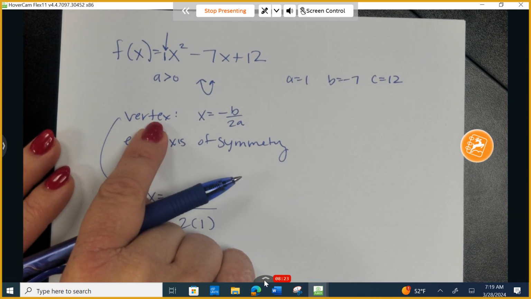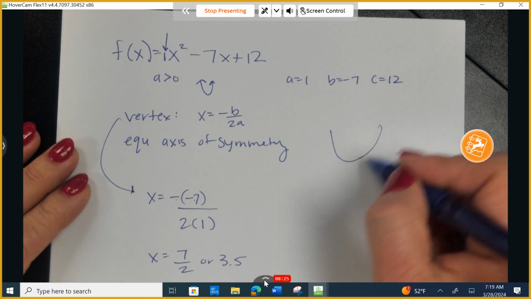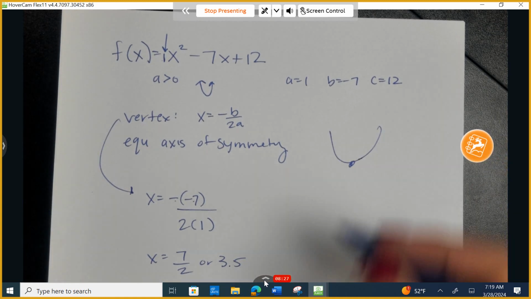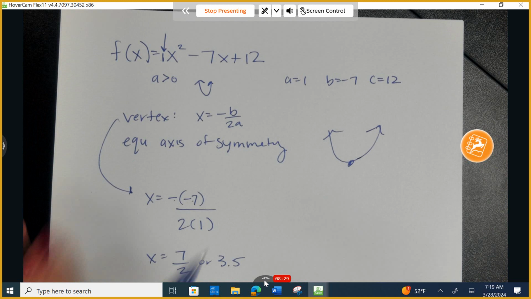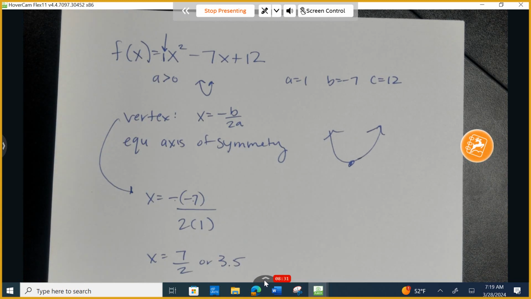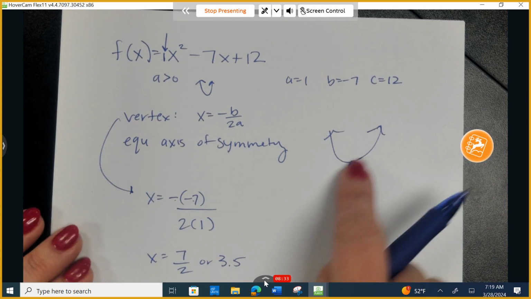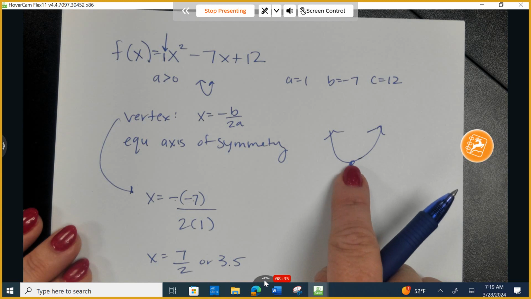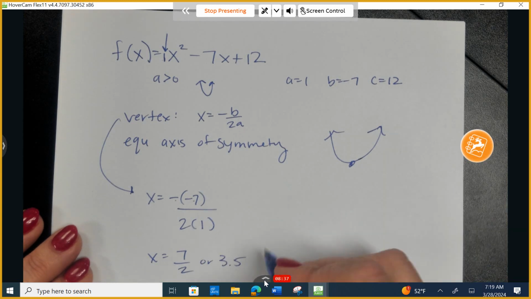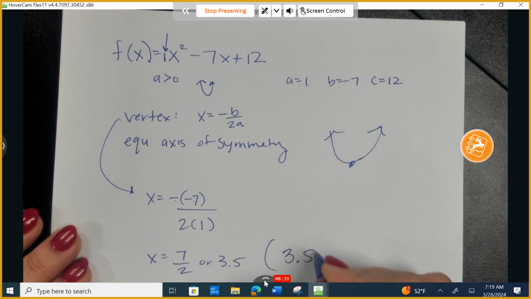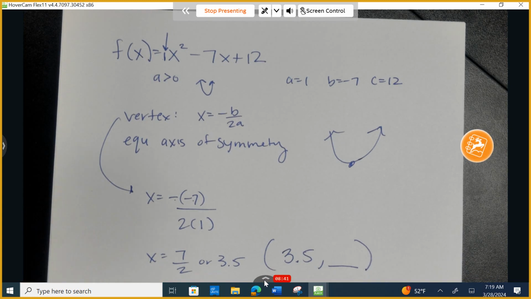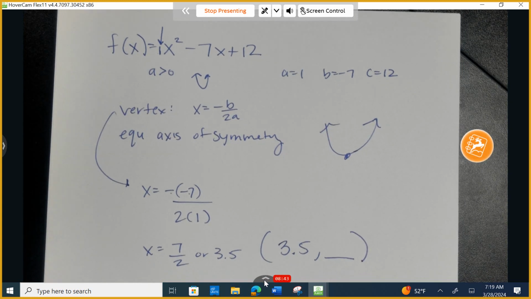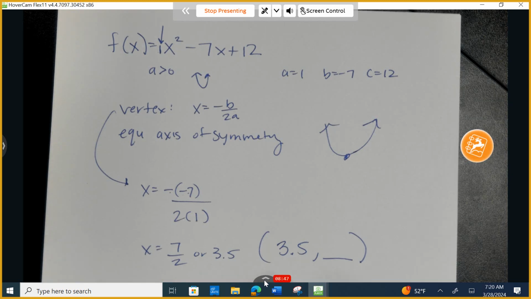Now a vertex is a point on the graph that is either the lowest point or the highest point, depending on our a value for a quadratic function. In this case, it would be the lowest point, and it is a coordinate, so it's an xy. This is the x part, so I have 3.5, but now I need to figure out the y. Now, because we have a decimal, I'm going to grab a calculator. I'll make sure that for your future problems that we do not have decimals.